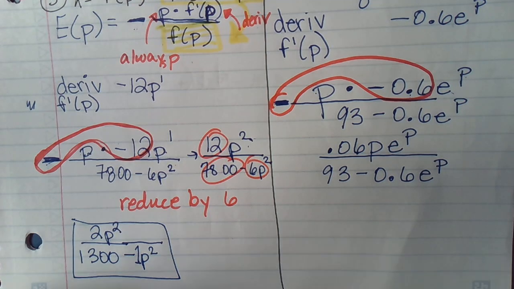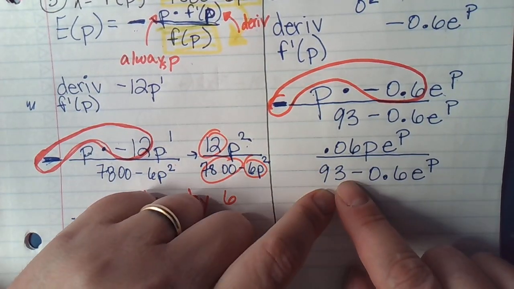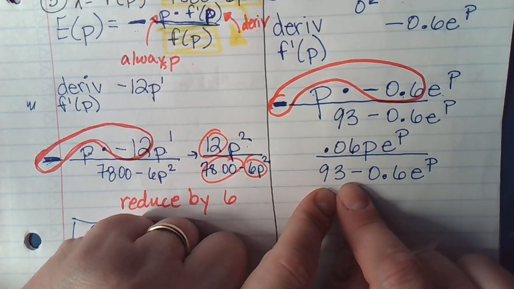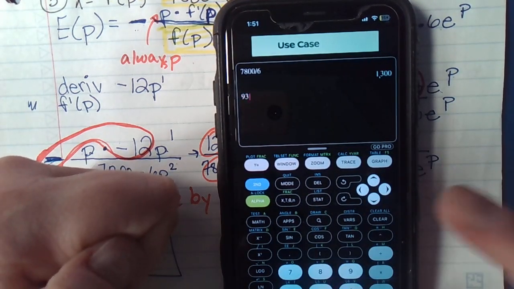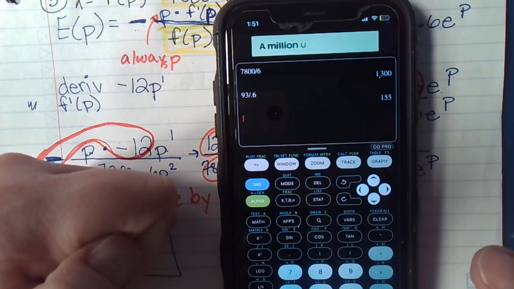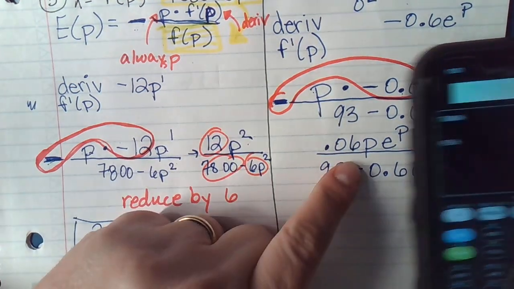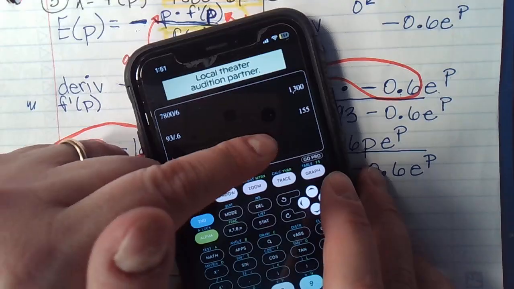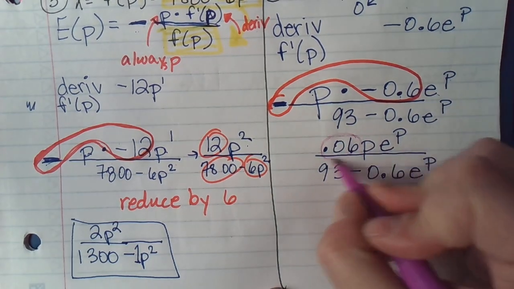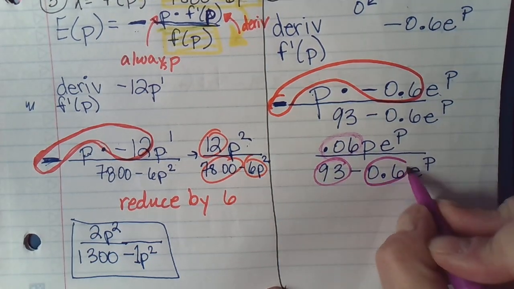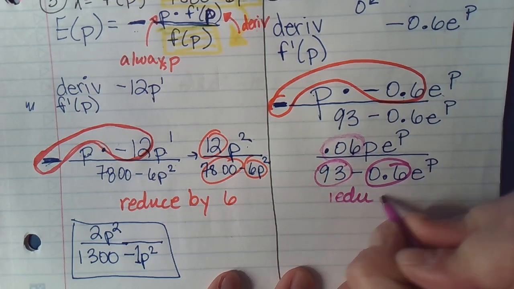On the last problem, the next thing we did is we tried to reduce. Let me see if I can divide this 93 by 0.6 and it comes out to be a whole number. Oh, 155. Okay, that means we could divide all three of these numbers by 0.6. So let's reduce.